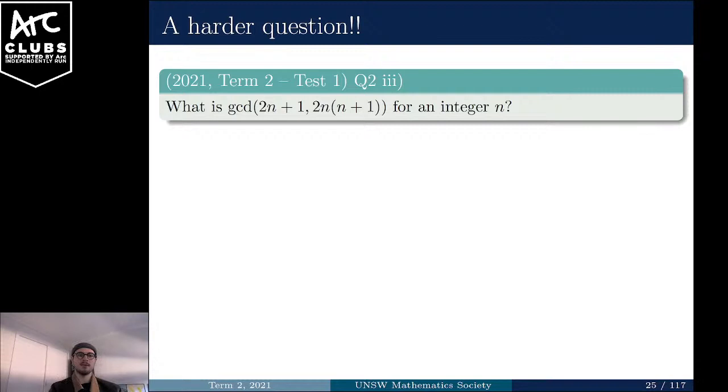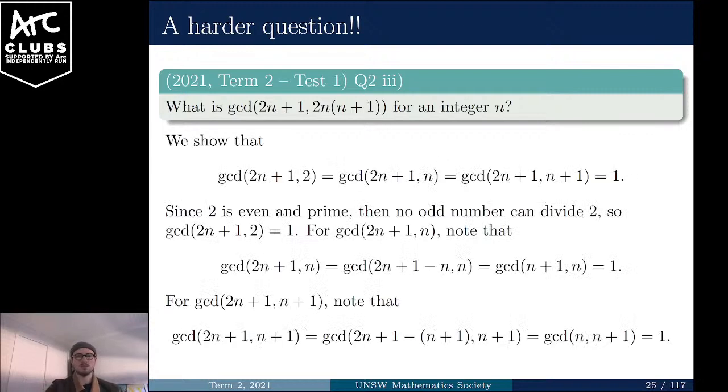Okay, here we go. What is the GCD of this number for an integer n? So the way we're going to do this is we're going to essentially break it down into a product of GCDs. We're going to consider each part of this one at a time, and we're going to use this property.